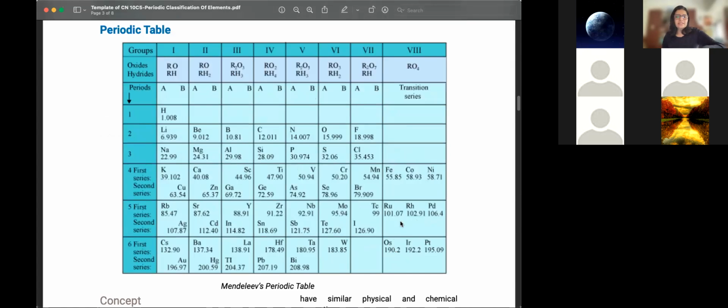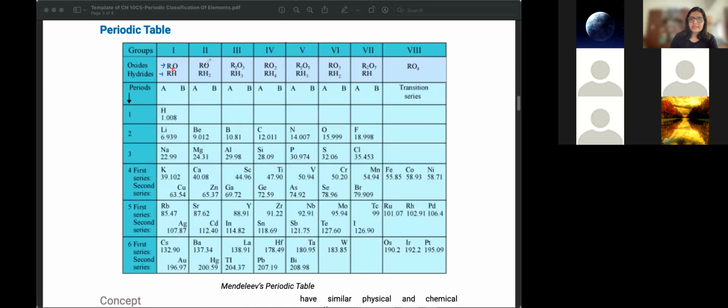So just looking at this table, you can kind of make sense of it. For example, he went purely by the similarity in properties. He looked at what type of oxide forms, what type of hydride forms. So all the elements that make oxides in the form of R2O, like H2O, Li2O, Na2O.